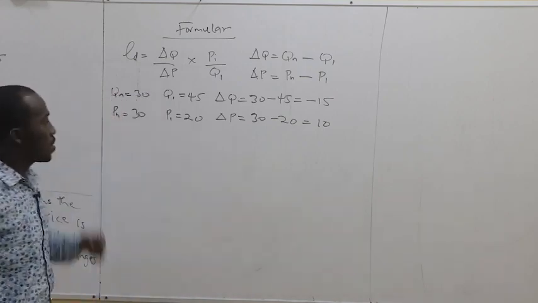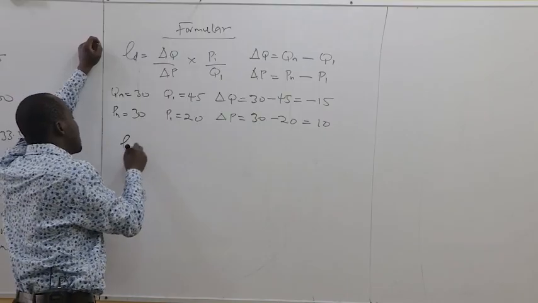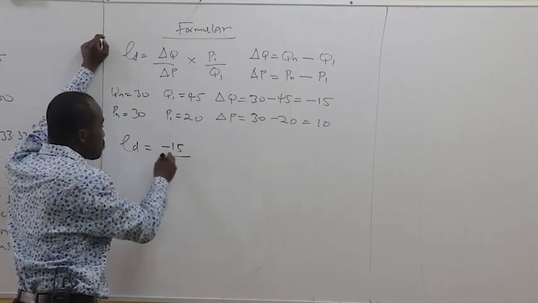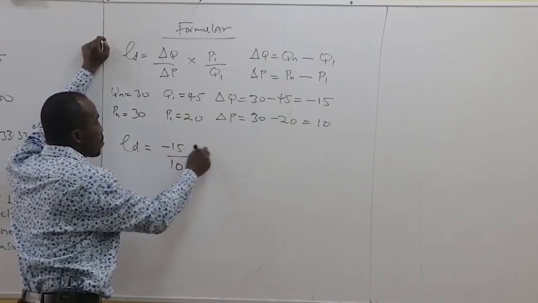So when you finish, you have to fix them back into the formula. What is the change in quantity? Negative 15. What is the change in price? The change in price is 10.